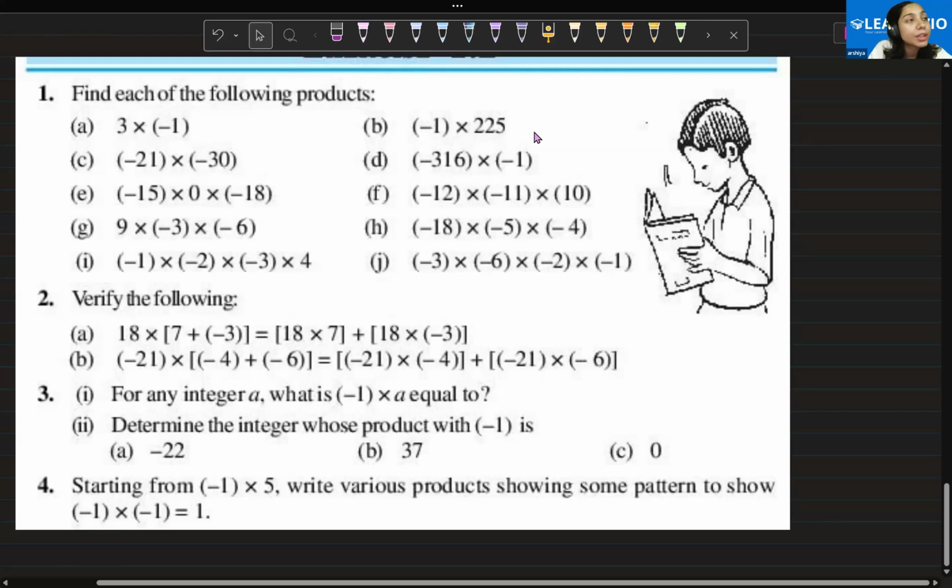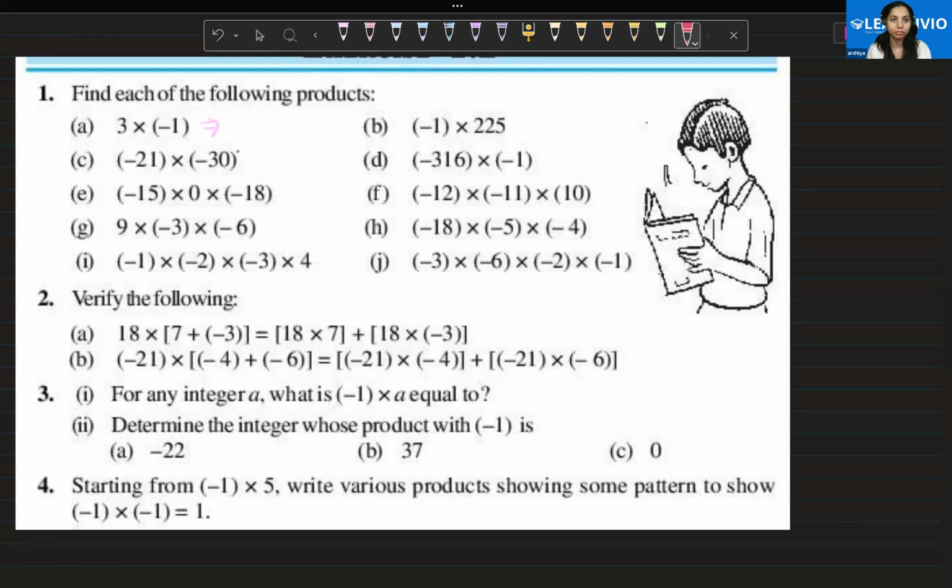Okay. So we have a few questions here. We'll do the first one. Tasbeen, can you tell me the answer for the first one? Ma'am, the answer is -3. Correct. Saad, the answer for the second one.